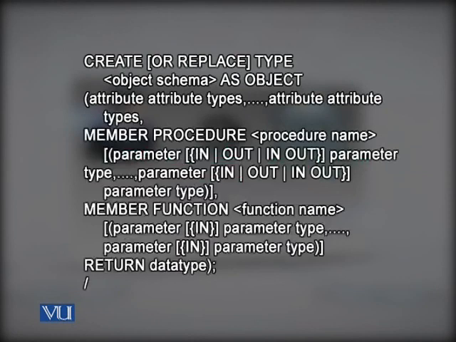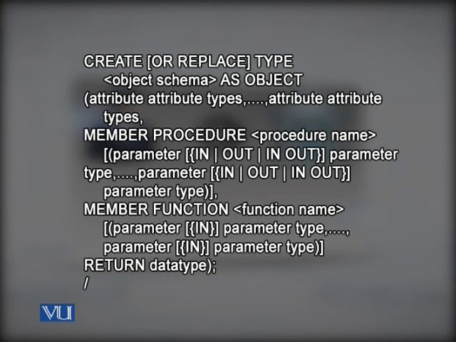On your screen now you can see the syntax for defining a member function or procedure. As you can see here, there is a type definition. Basically you are defining a type, and initially you define the attributes included in that type, and after that you give the signature of the member functions or procedures.